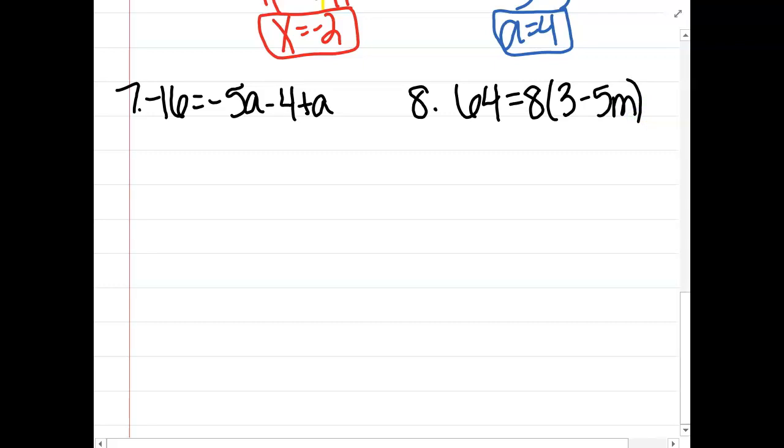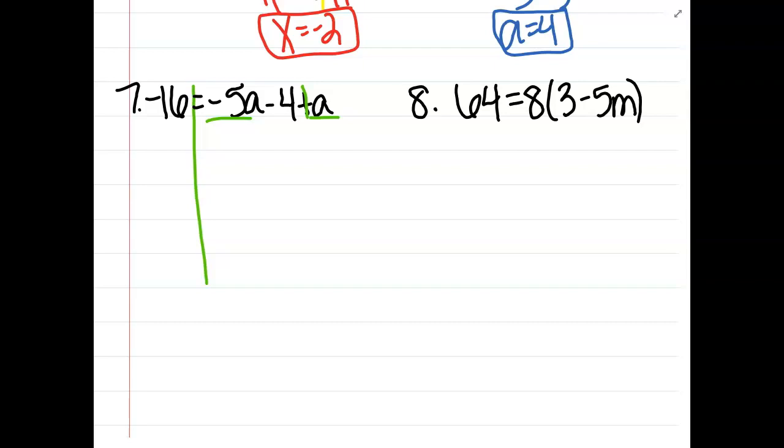All right, let's check these out, see how you guys did. So for number 7, first thing, there's nothing to distribute, but I do have some like terms. Now remember, these are on the same side, so you just combine them together. If it's easier to write the 1 in front of it, I know sometimes it's easier to actually see that 1 there.